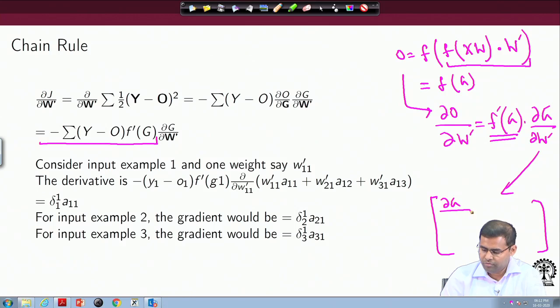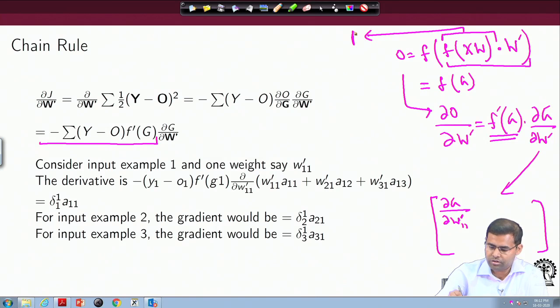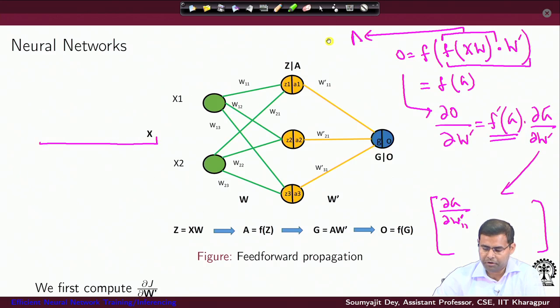So, del g del w11 prime, that is what we are going to get, right, because what is g? As you can see, g is nothing but some value multiplied by w prime, right. What is this value? It is f of x w. If you look back, this was nothing but my a, something that we actually computed here.